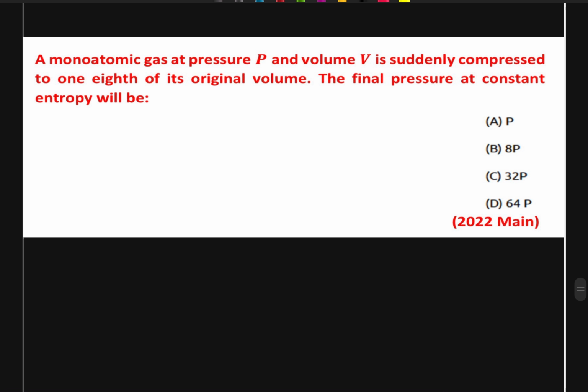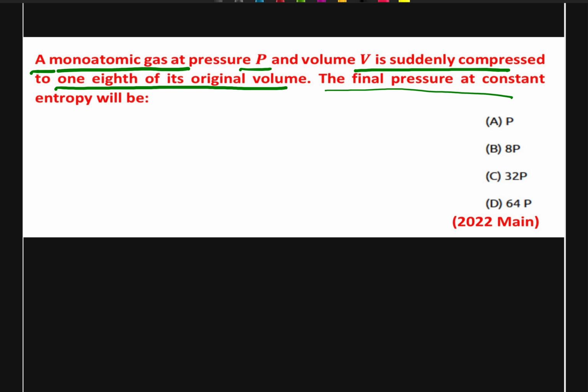It states that a monatomic gas at pressure P and volume V is suddenly compressed to 1/8 of its original volume. The final pressure at constant entropy is. So constant entropy means it is an adiabatic process.